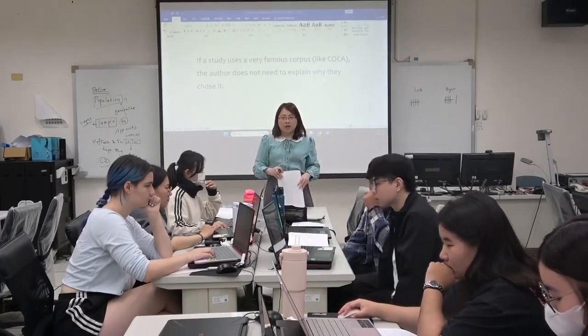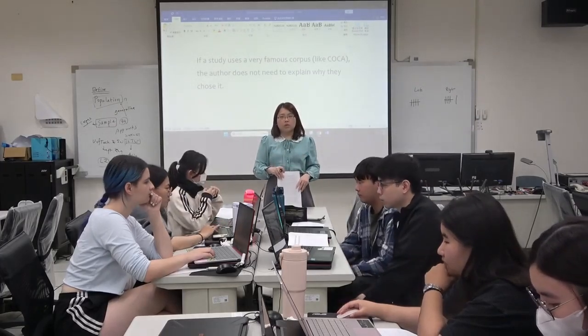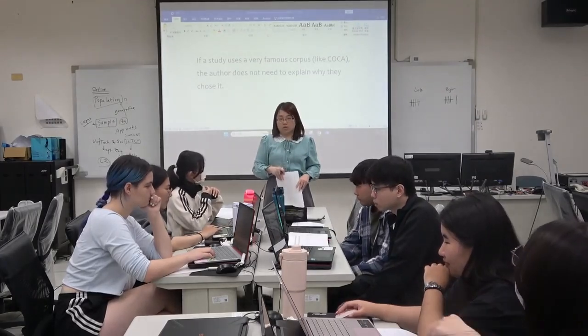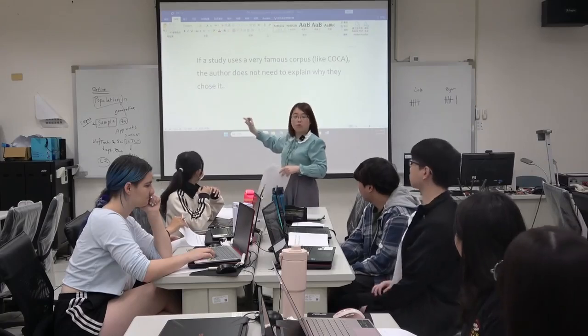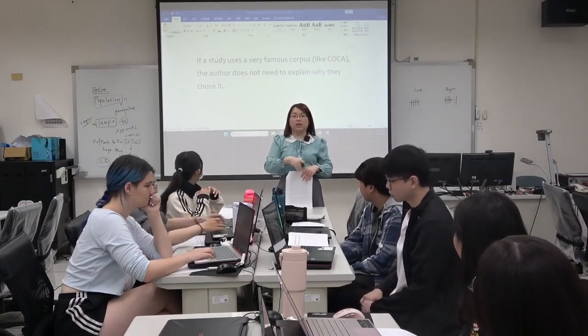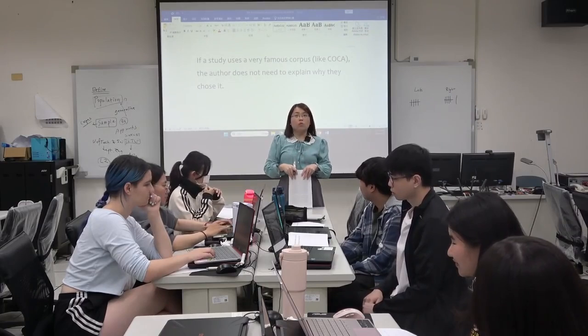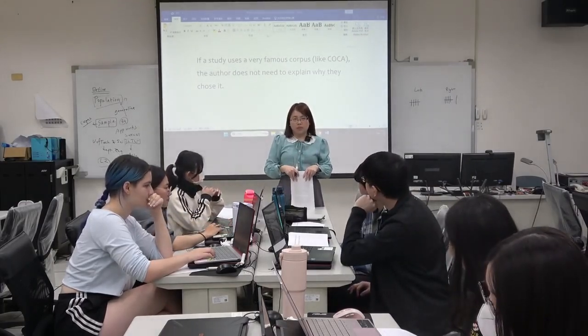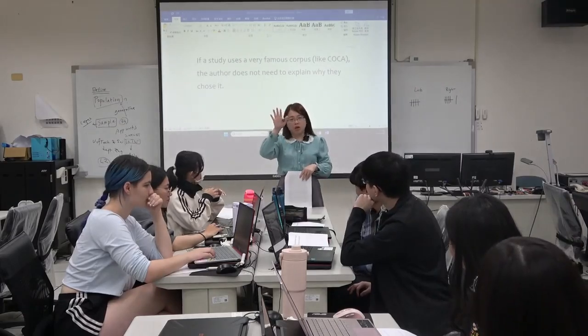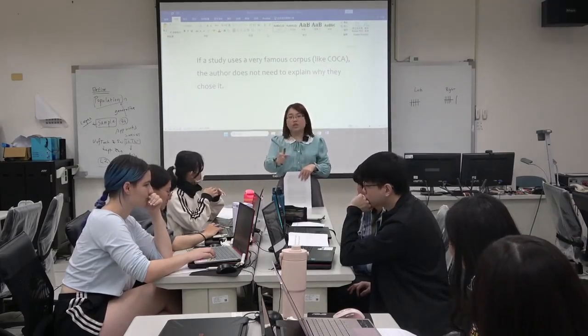Okay, so why is very important because, for example, we have COCA, we have BNC, we have other corpora, right? That I showed you today in the web corpora chapter, they provide that many. We still need to tell the readers why you choose this specific COCA. And for example, in COCA they have different sections.